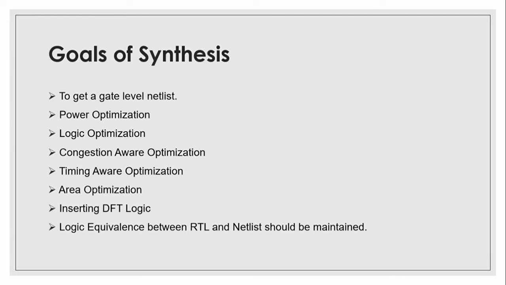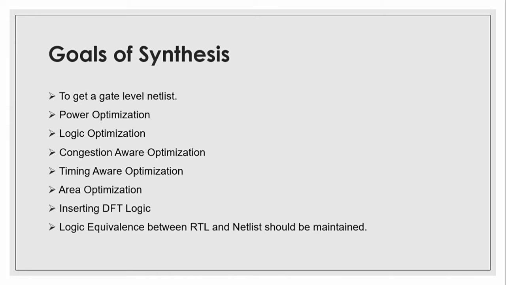Physical design engineers need a gate level netlist, because RTL is just giving the circuitry descriptions, the behavioral descriptions in the form of a program. It tells us inputs are these, outputs are these, and the wire connections, but those are written in a program. But we need the gate level connections, and that is done by the synthesis tool. The synthesis tool also performs optimization to obtain this gate level netlist.